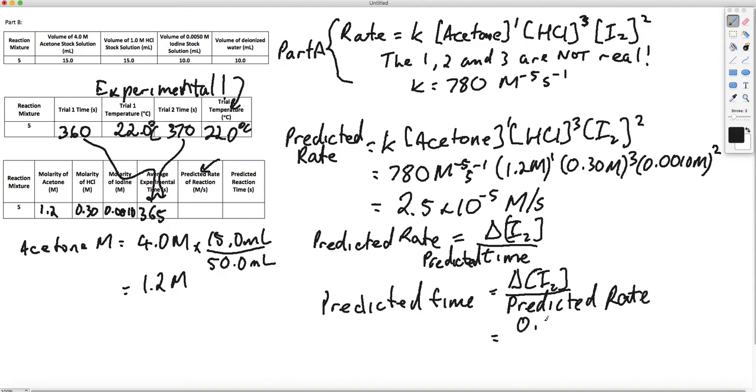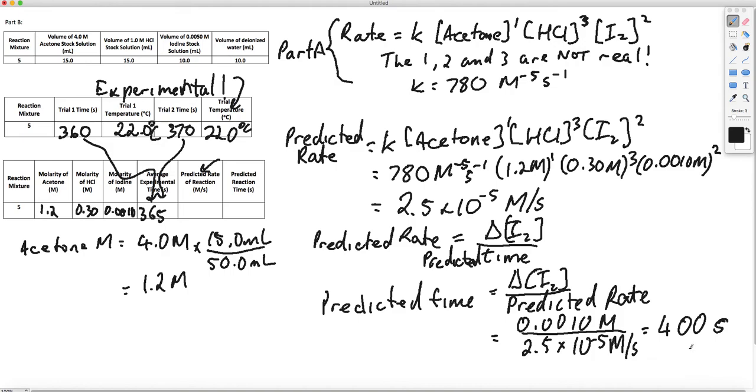Now the concentration of I2 here is 0.0010 molar. The predicted rate is what we got up here, 2.5 times 10 to the negative 5 molar per second. And that comes out to be 400 seconds. So what does that 400 seconds represent?